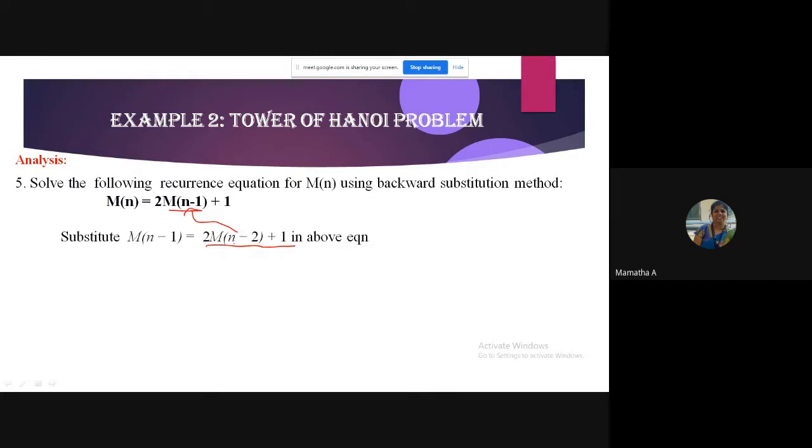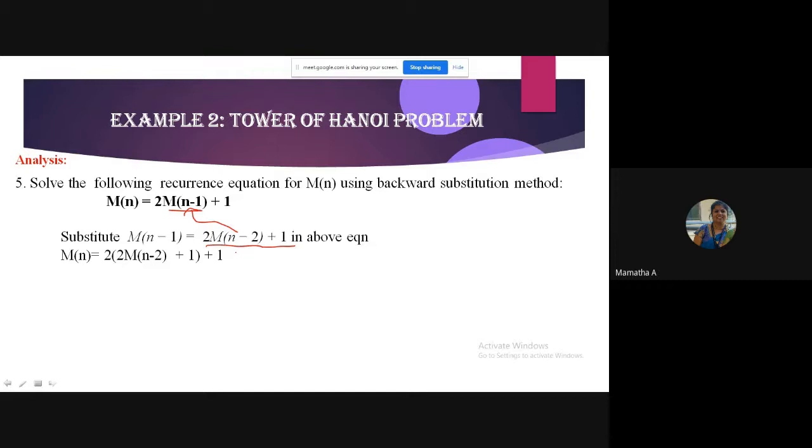Okay, so you tried to solve it. What you have to do is, when you are solving the recurrence relation, you have to avoid simplifying till you generalize. So I'll write m of n equals 2 into 2 m of n minus 2 plus 1, plus 1.